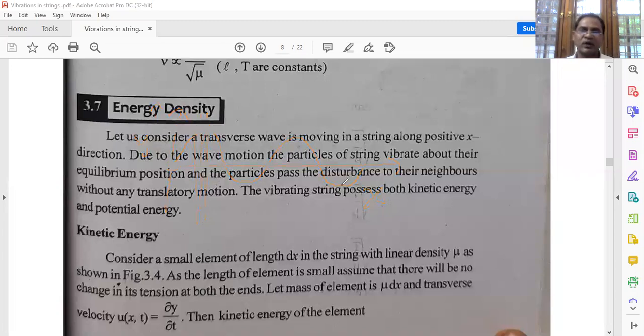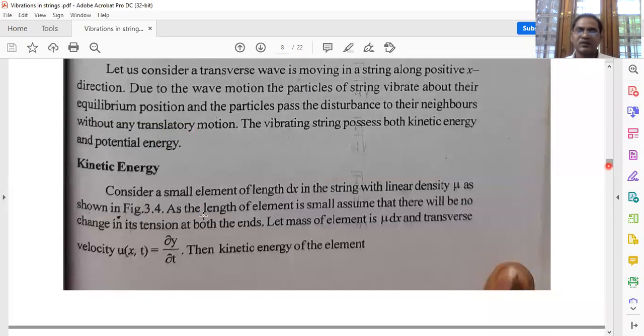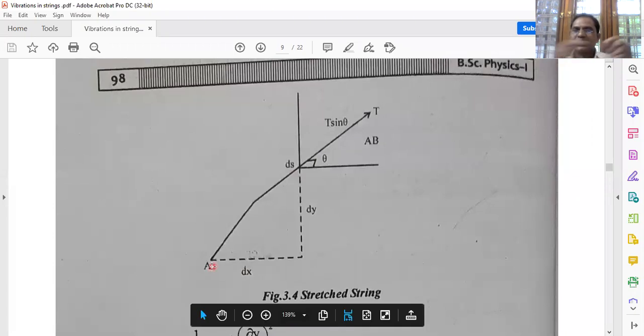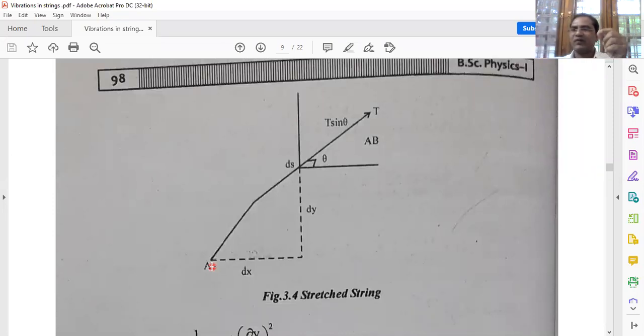Then, observe what we are going to do. Let us consider a small element of length dx in the string with linear density mu, as shown in the figure. In the total length, we are taking a small length element dx, a small segment of the wave.